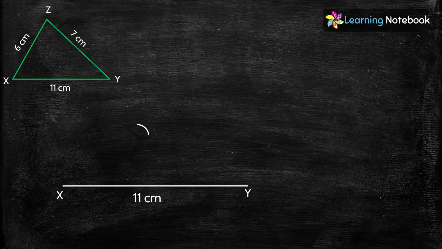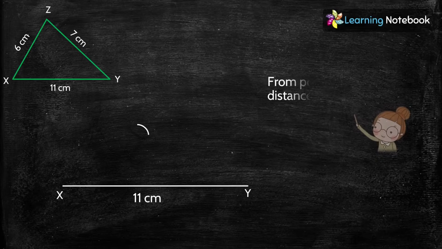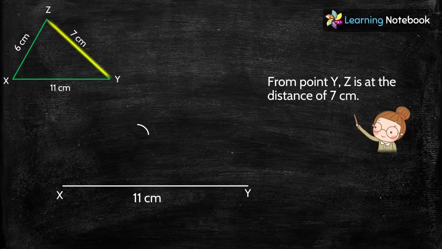Now again take a look at the rough sketch. We have to draw ZY of length 7 cm. So it means from point Y, Z is at a distance of 7 cm.